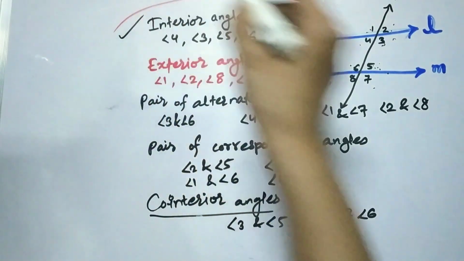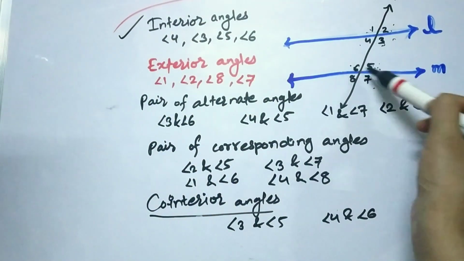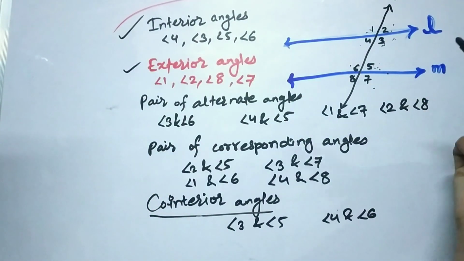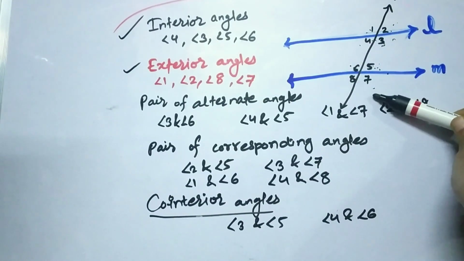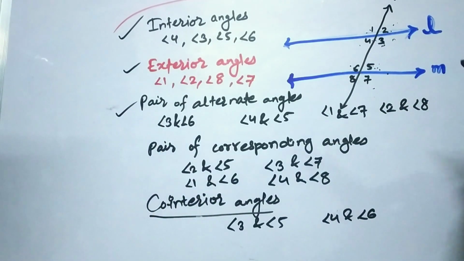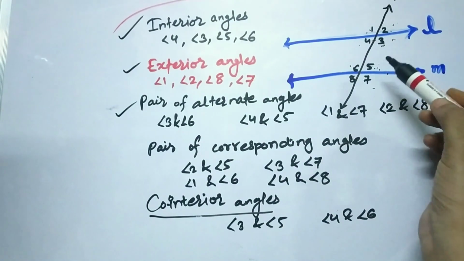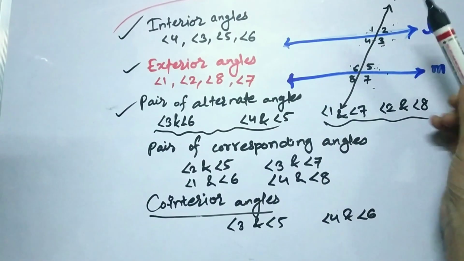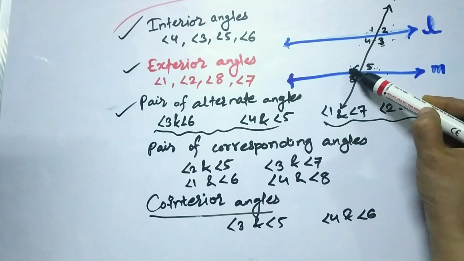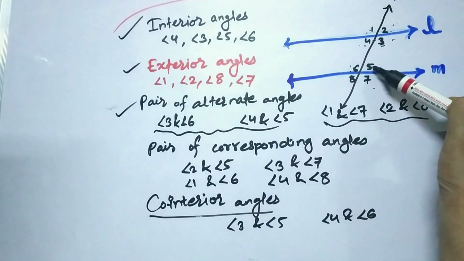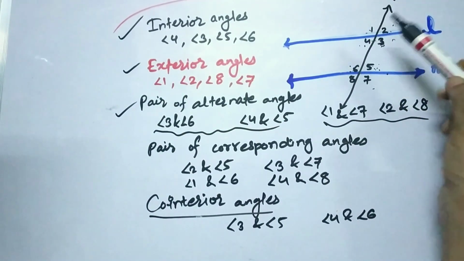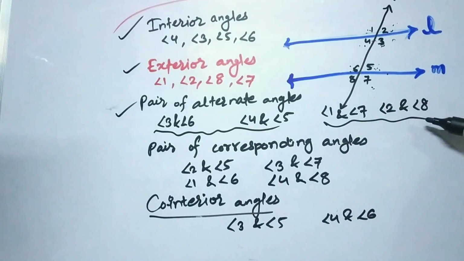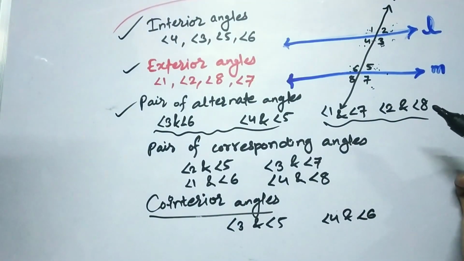So friends, here we are having interior angles, the angles which are formed between two lines because of this transversal. We are having exterior angles which are formed above and below the lines. And we are having pairs of alternate angles, interior ones and exterior ones. In the interior ones we are having this 3 and its opposite 6, and the 4 angle and its opposite 5 angle. And in the exterior we are having the 1 and 7 pair and 2 and 8 pair as alternate ones but exterior.